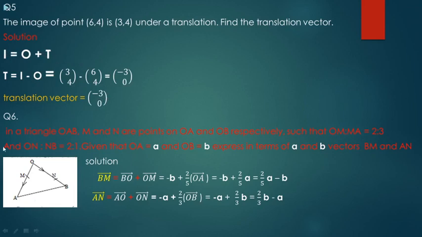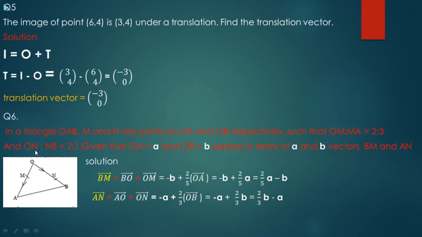Question number 6. In a triangle OAB, M and N are points on OA and OB respectively, such that OM to MN is 2:3. So that means if this is 2 and this is 3, the whole line is 5.